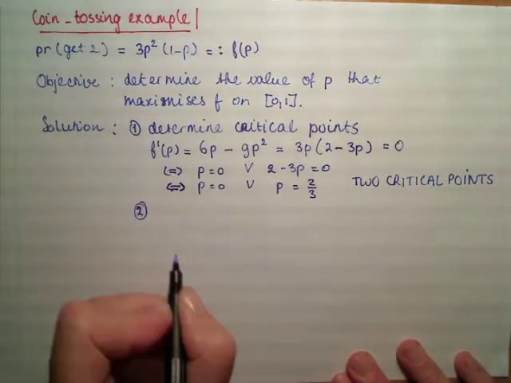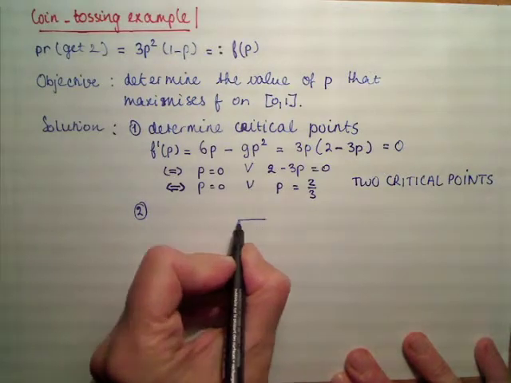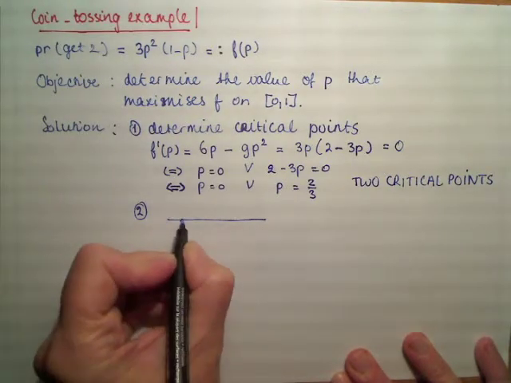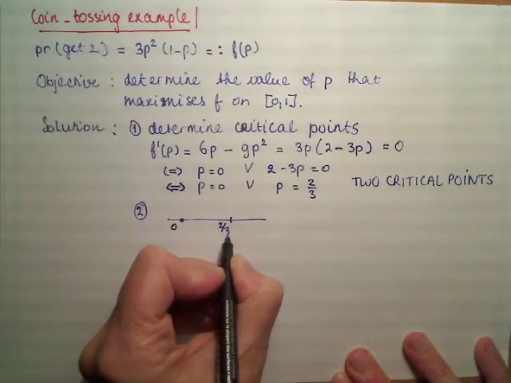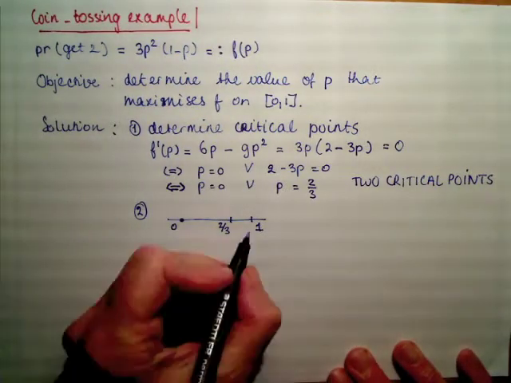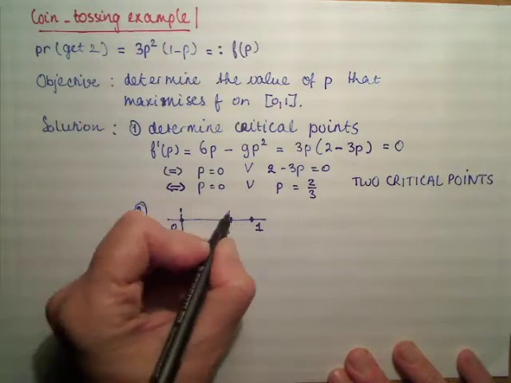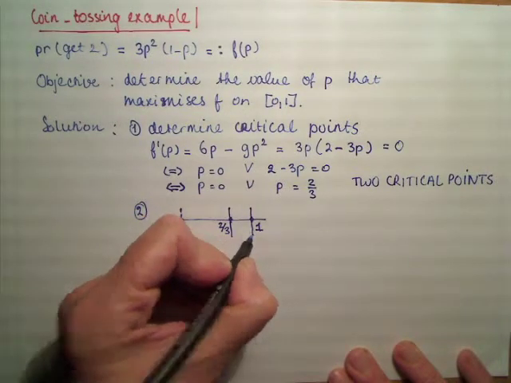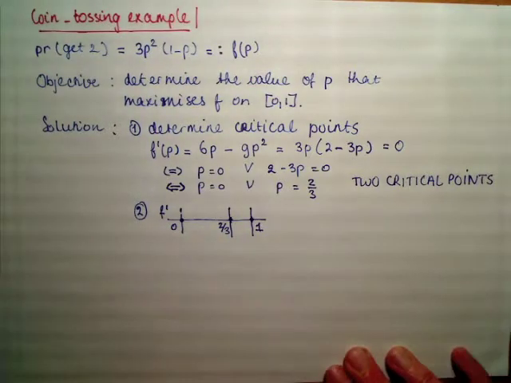So the second thing to do is to determine the scheme where we insert the endpoints and the critical points, and in total we have 3 of these, and what we should do is now determine the sign of the derivative.